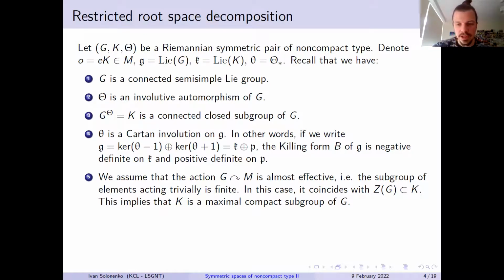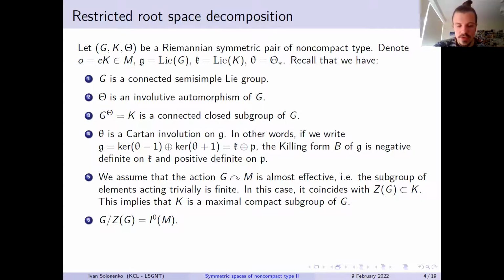So that's why we have to allow this. And in this case, one can show that the subgroup of elements that act trivially is precisely the center of G, and also that this center lies actually in K, in the isotropy. And as Juanma mentioned last week, K is a maximal compact subgroup of G in this case.